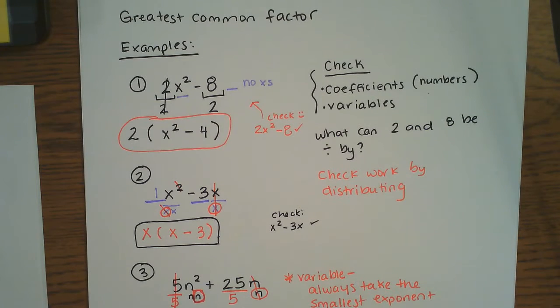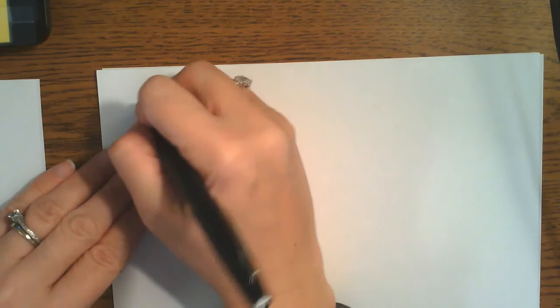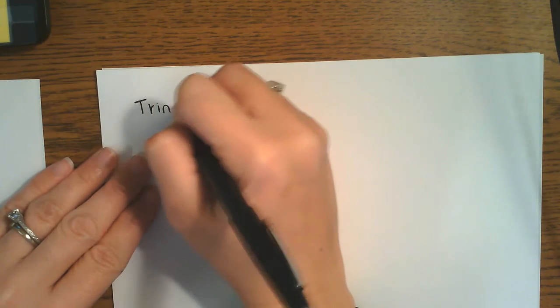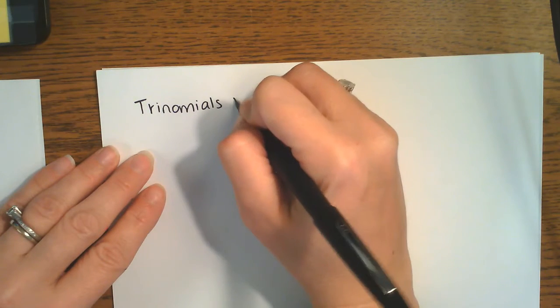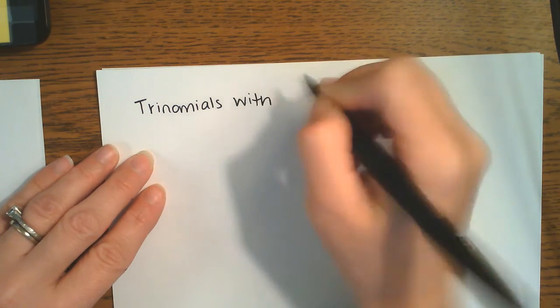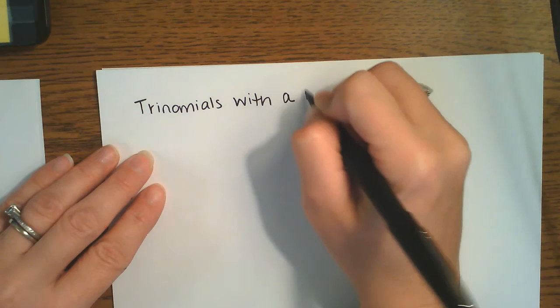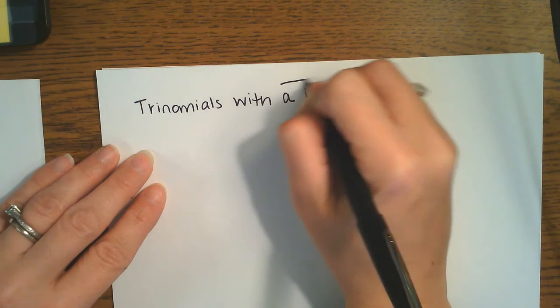All right, so that's greatest common factor. Next, we're going to look at trinomials with a is 1.